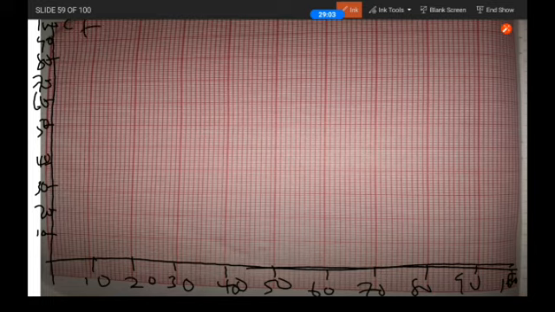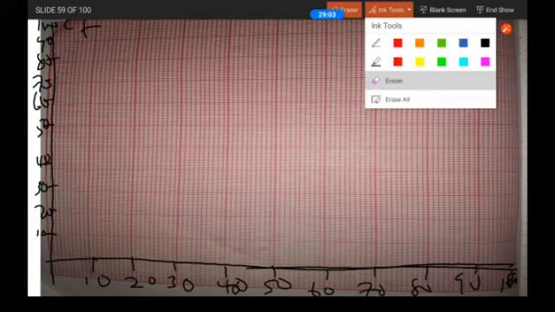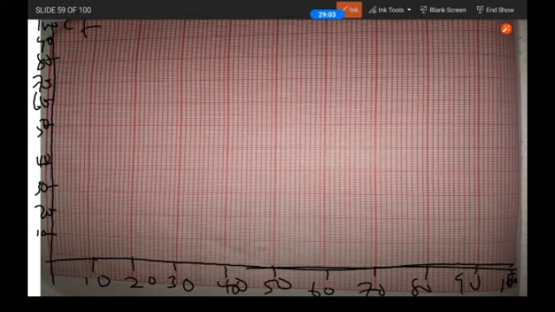So now start checking. When it was 10, you will get 2. Then when it was, let me use blue to do it. 20, 6. 30, 15.